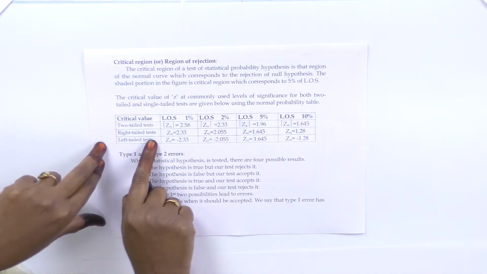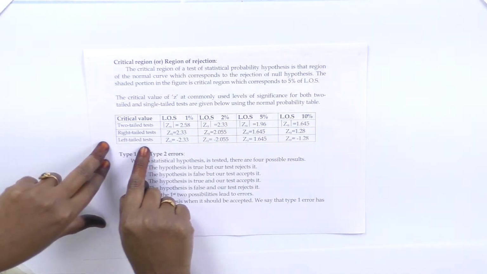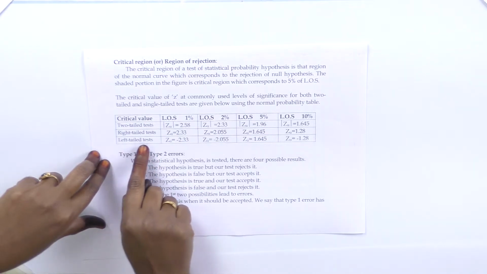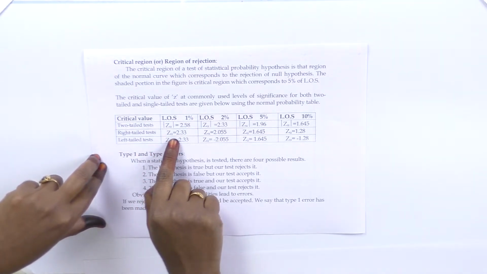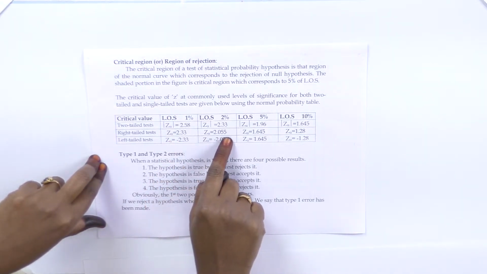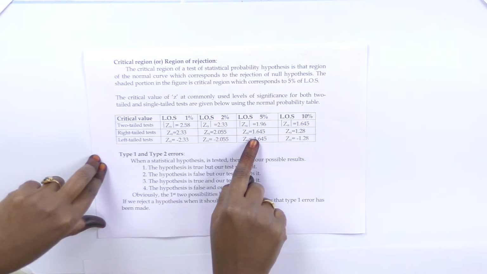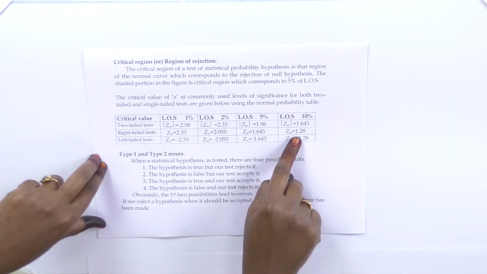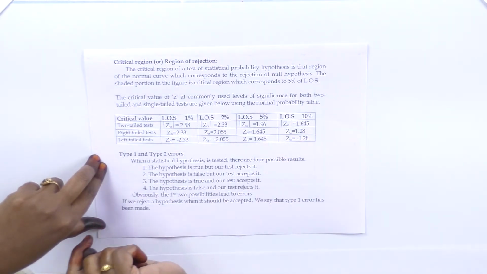For the right tail test, where mu1 is greater than mu2, we are going to use the right tail test values. At the 1% level we have 2.33, at the 2% level 2.055, at the 5% level 1.645, at the 10% level 1.28.